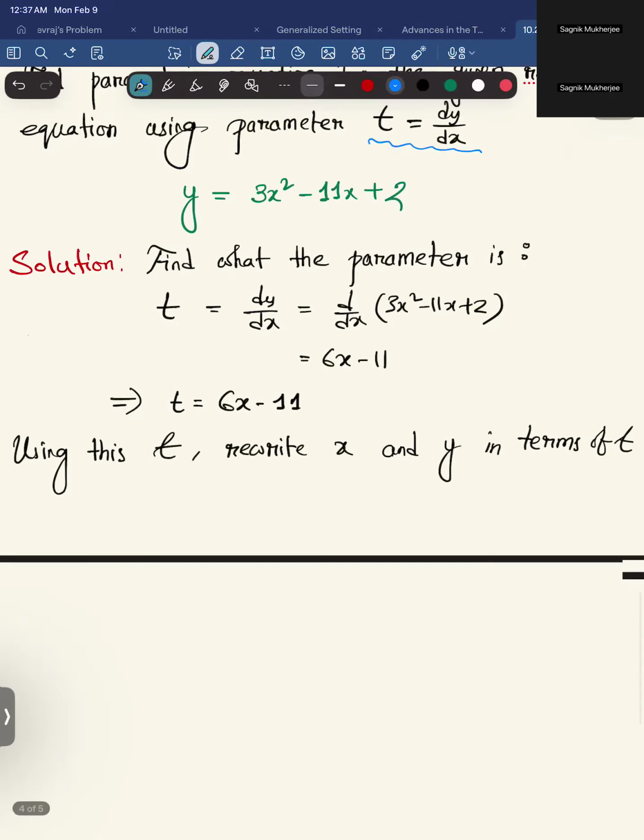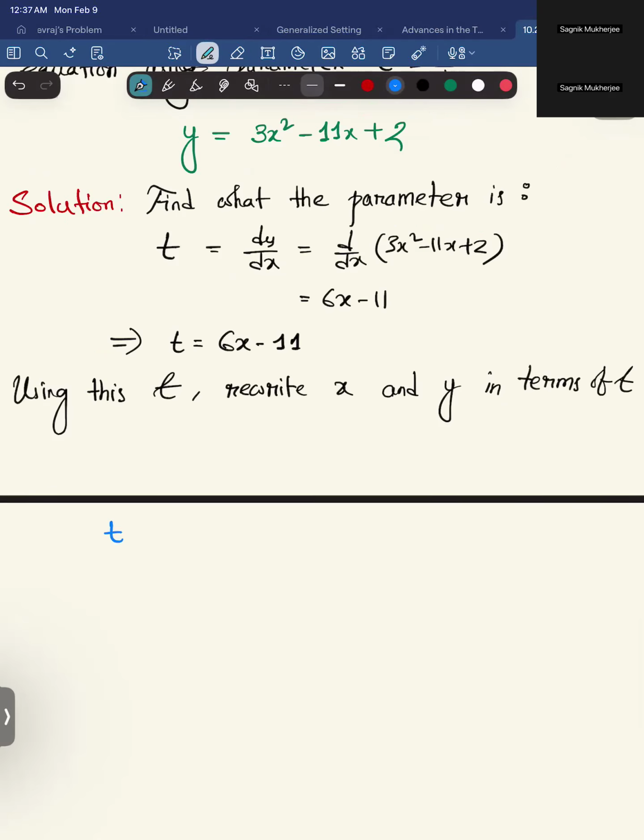So see, t is 6x minus 11. I have to write x in terms of t. That means 6x is t plus 11, meaning x is 1 over 6 t plus 11 over 6. So this is the formula for x in terms of t.